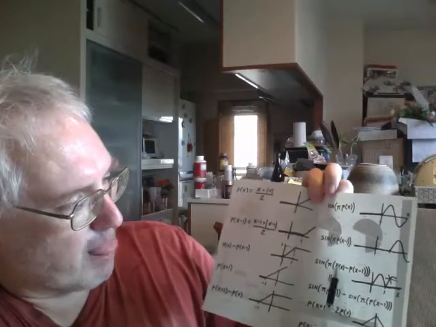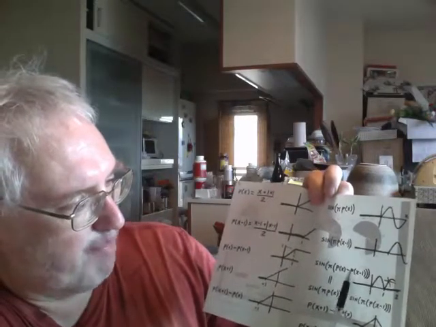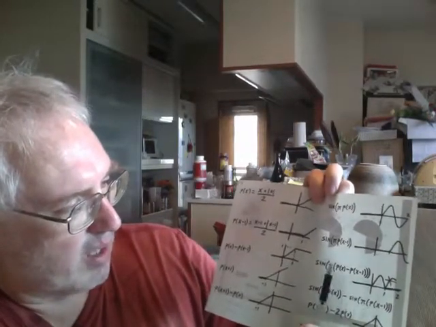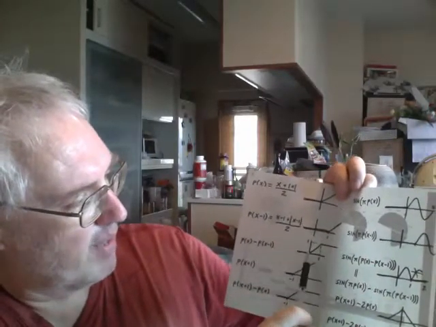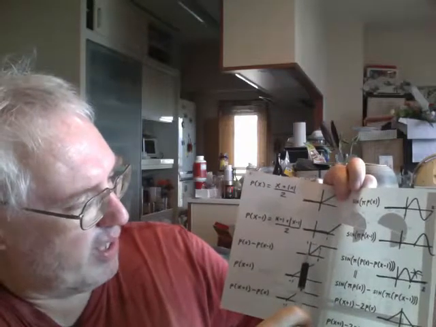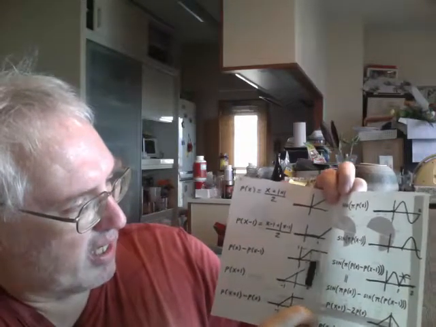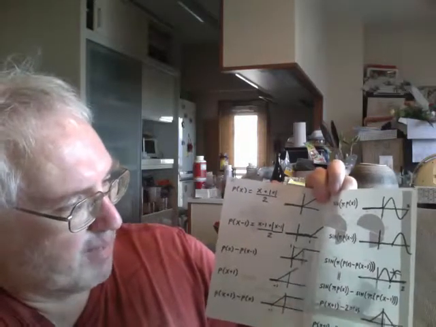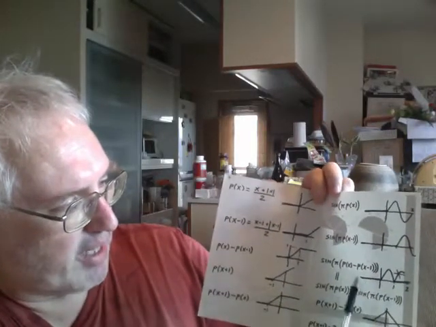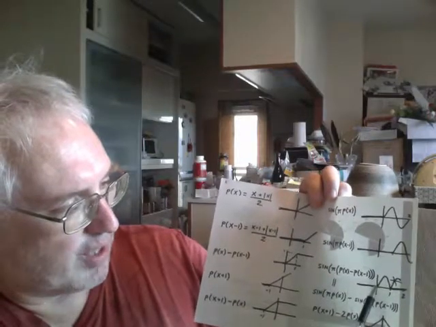Now, if we subtract p of x minus 1 from p of x, that's what we did right here. So between 0 and 1, it grows as usual, and then it stops. So as you might expect, for all negative numbers, this is 0.